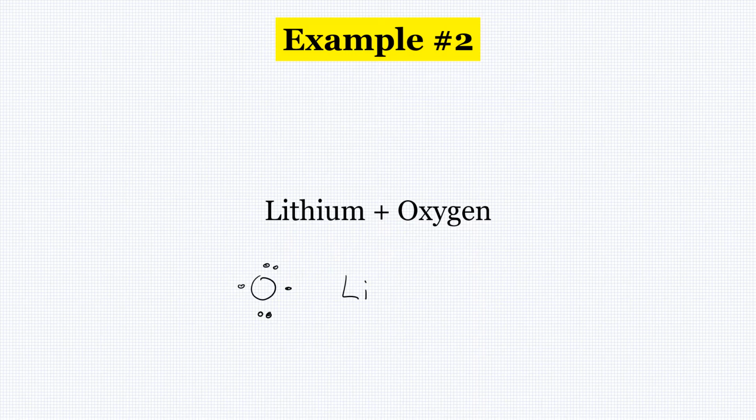So here's what's going to happen. I've got a lithium on the right side with 1, and a lithium on the left side with 1. Each lithium is going to contribute that valence electron to the oxygen. So I've got lithium, oxygen, lithium. Oxygen now has 8 valence electrons. Let me draw in my brackets.